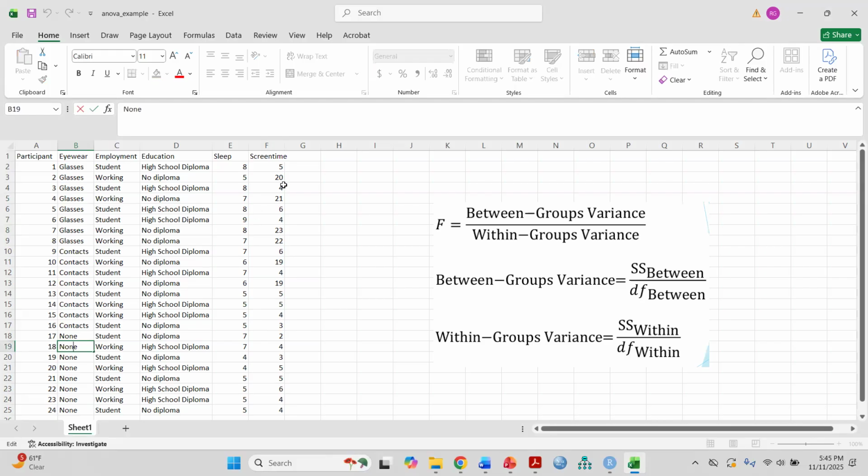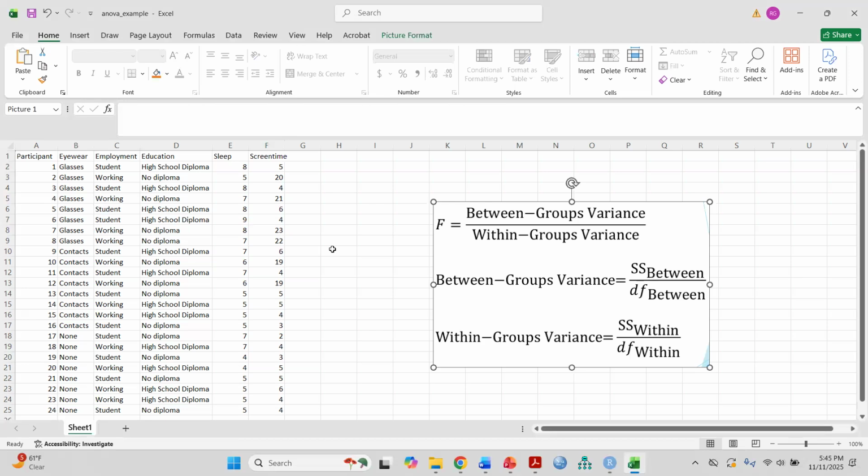So we're going to see if, for instance, people who wear glasses spend more time or less time on screens compared to people who wear contacts or neither. That's what we're going to get into today. And then on your own, I'm going to have you do a similar thing for these different groups of people looking at sleep. So let's dive in.